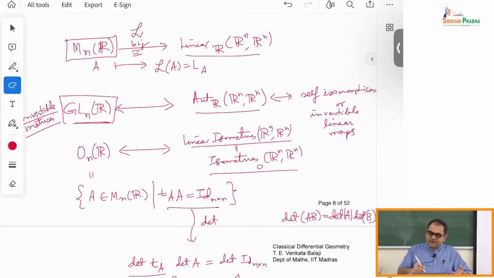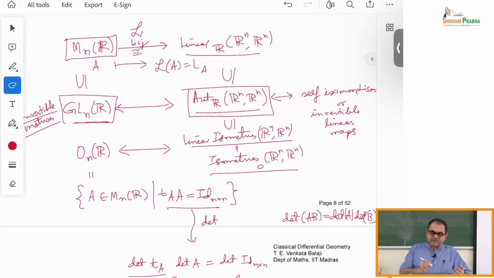So what you must understand is that on this side you have all the linear maps. Inside that you have the invertible linear maps, and inside that you have the linear isometries. Correspondingly on the right side you have all the matrices.